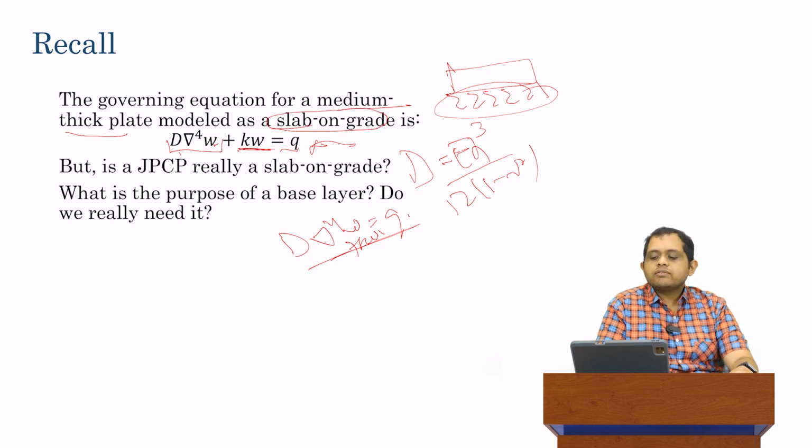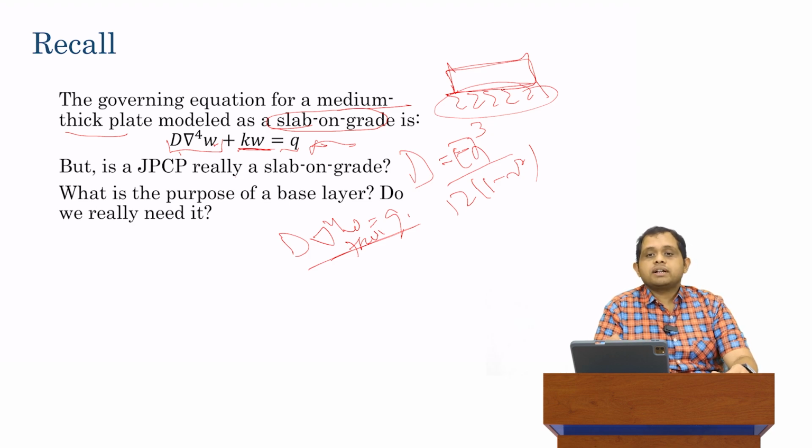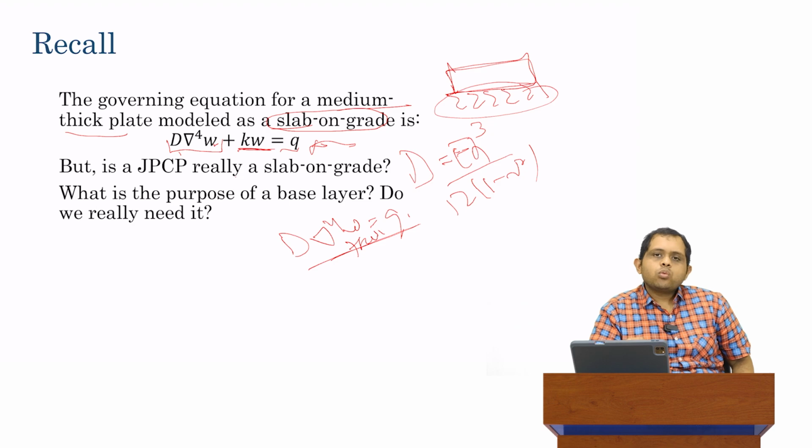That is, when you have this rigid pavement slab sitting on top of the subgrade, this is the governing equation. And we've been using this governing equation throughout in our calculations. Indeed, it is this governing equation that Westergaard used to derive his solutions and further subsequent solutions. So far, we've only been focusing on this particular equation. But now, if you go back to module 1, one of the lectures in module 1, we had actually talked about the fact that a rigid pavement is also a multi-layered system.